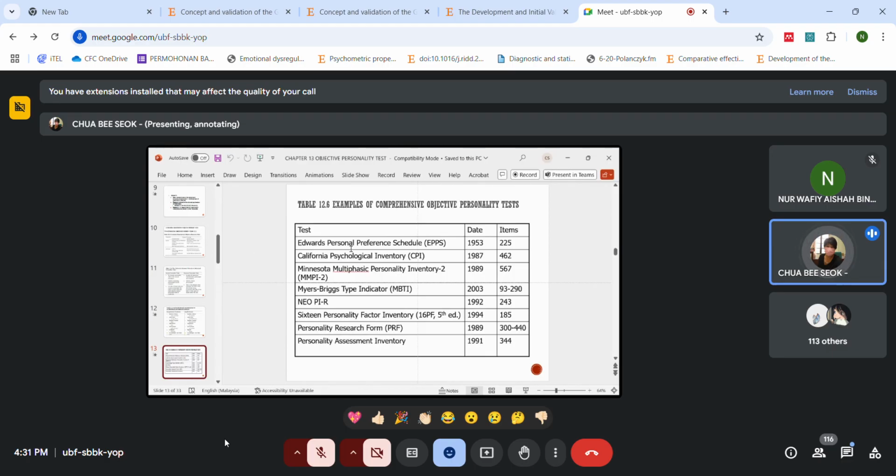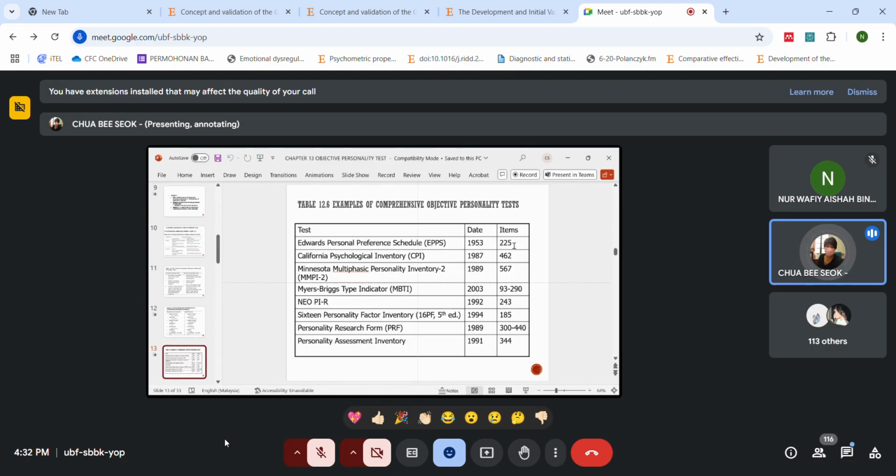Okay, like the Edwards Personal Preference Schedule, the EPPS, that I mentioned, and also we discussed last week. For this test, we have more than 200 items, right? This test was developed in 1953 by Murray, based on personality theory.